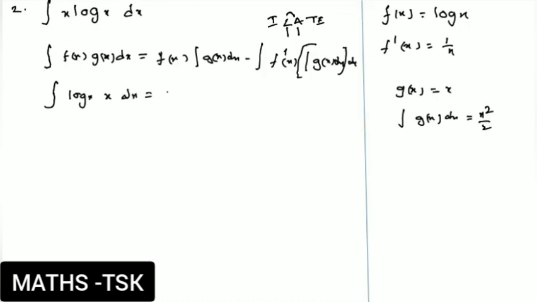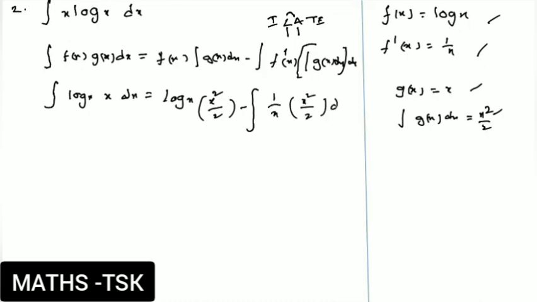Look at these things and then write the values. g of x is x square by 2, and then minus integration of f dash of x is 1 by x, integration of g of x is x square by 2 into dx. x gets cancelled. So we have to evaluate the second part.